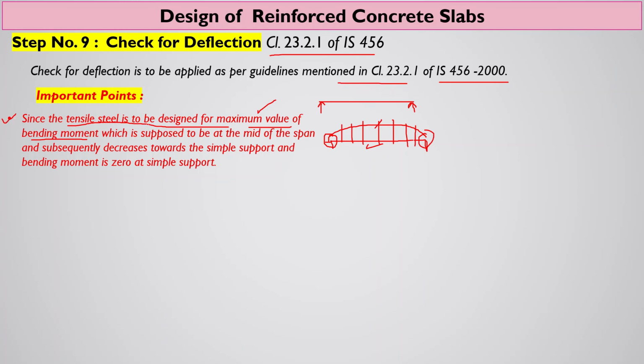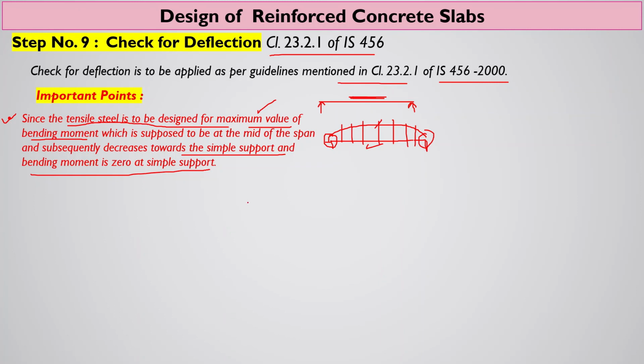The tensile steel needs to be designed for the maximum value of bending moment, which is supposed to be at the middle of the span, and subsequently it decreases toward the simple support end, and bending moment is 0 at the simple support. So one thing is very much clear, that maximum reinforcement is required at the middle of the slab, but at the support end, since the moment is 0, no reinforcement is required.